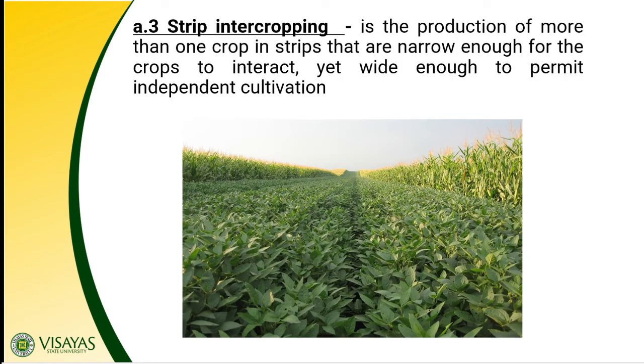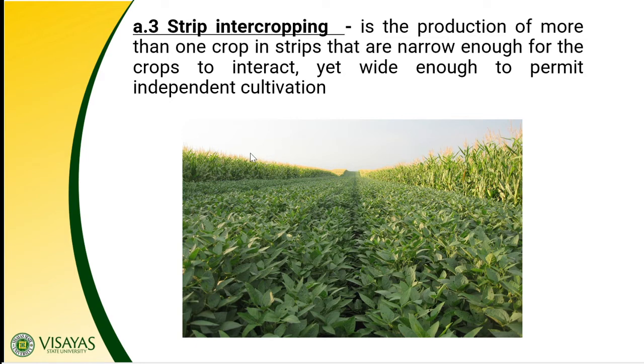Another type is strip intercropping, which is the production of more than one crop in strips that are narrow enough for the crops to interact, yet wide enough to permit independent cultivation. Here we can see strips of land. This one is planted with soybean, and next to this is corn.